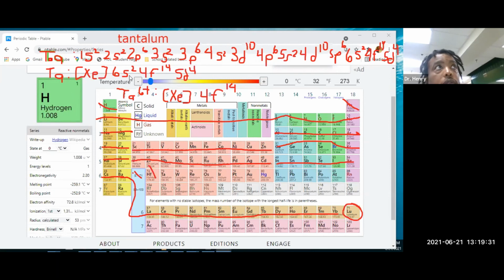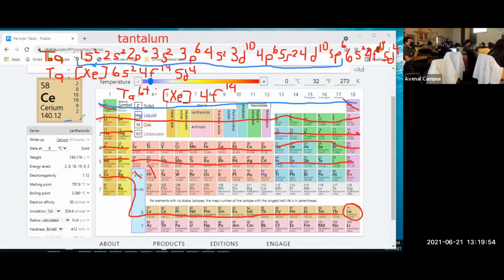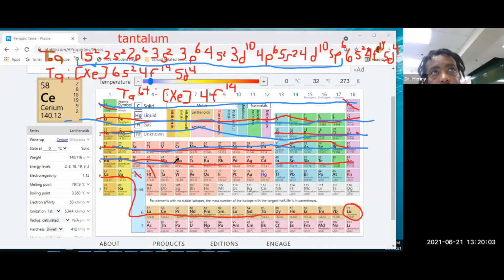And so from the 1s all the way up to the 5p6, all of that is represented by that XE, right? So it's all of this right here.